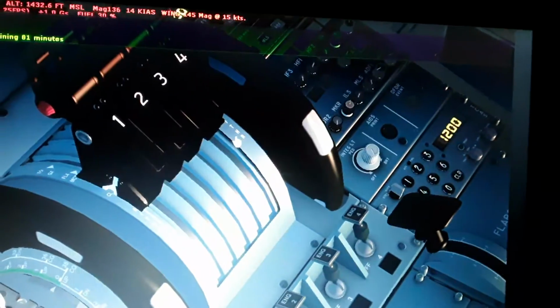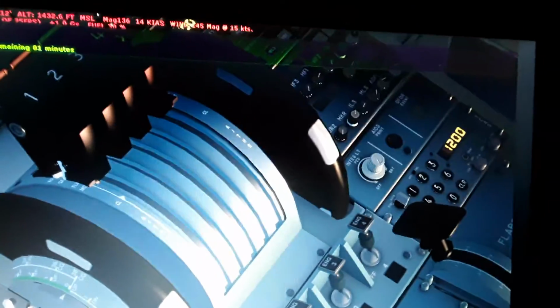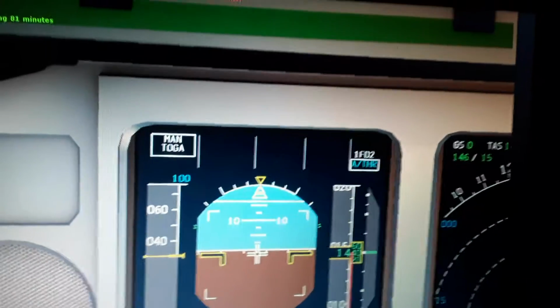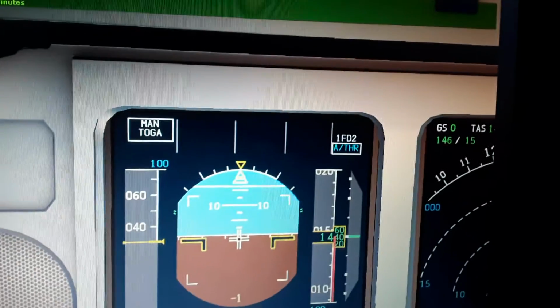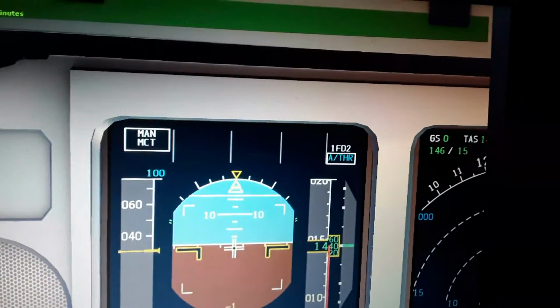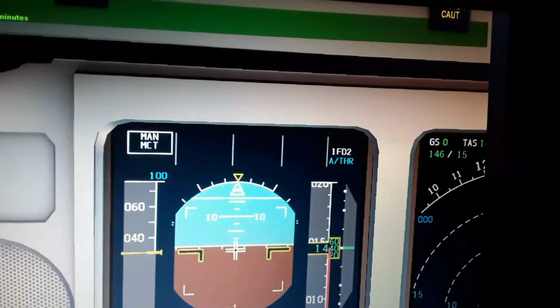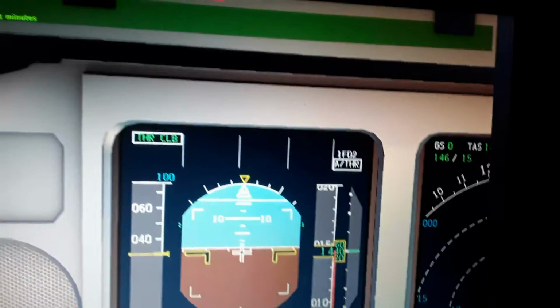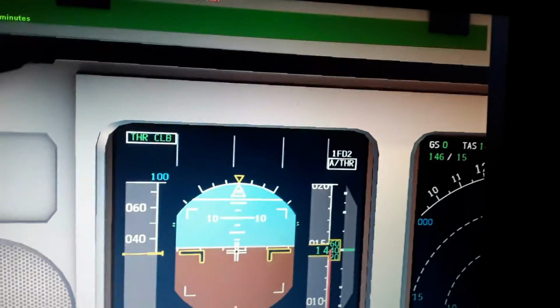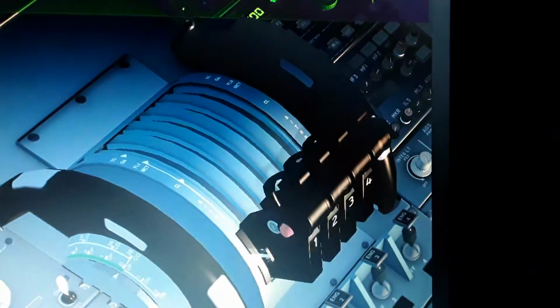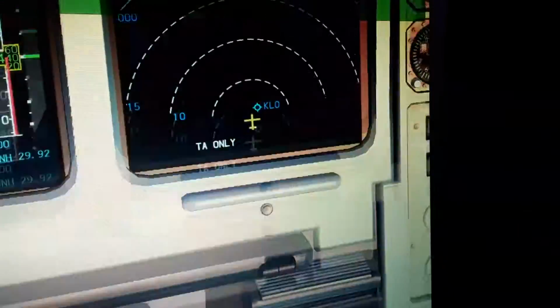If I move them all the way up to takeoff go-around or the MCT, you can see the manual TOGA, takeoff go-around, or the MCT, maximum continuous thrust. And here is the thrust climb, which is because I have the thrust levers in the climb detent, but this is used after takeoff.